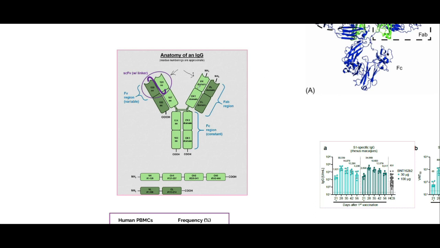So the amino acid sequences of them are quite variable, and so what happens is we have a bunch of different variations of it floating around in our bloodstream.